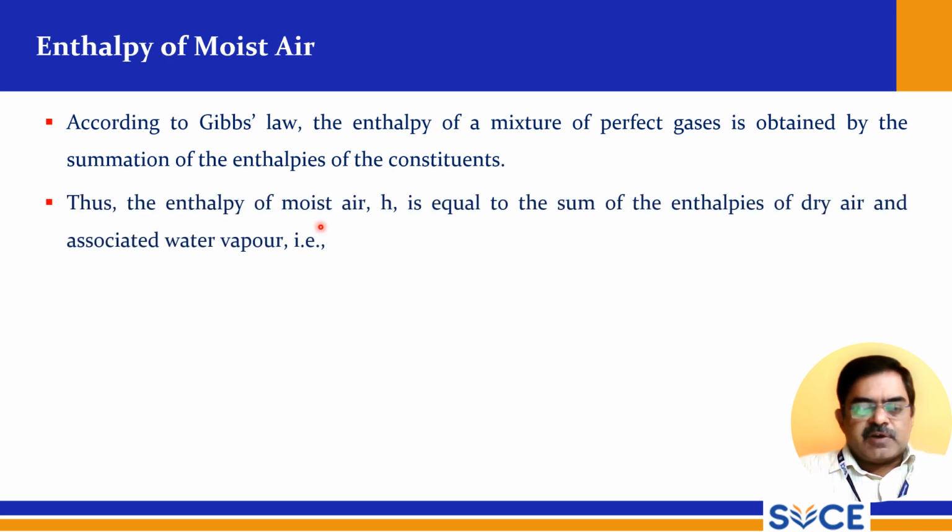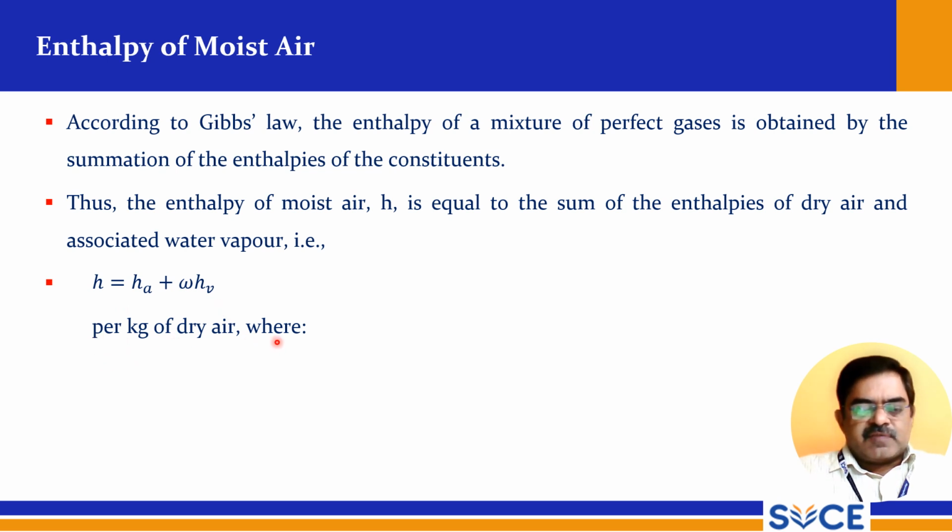Thus, the enthalpy of moist air H, so we are going to denote this enthalpy with letter H, is equal to the sum of the enthalpies of dry air and the associated water vapor. So that is H equal to HA plus omega HV. So this is the simple H formula, that is enthalpy formula.